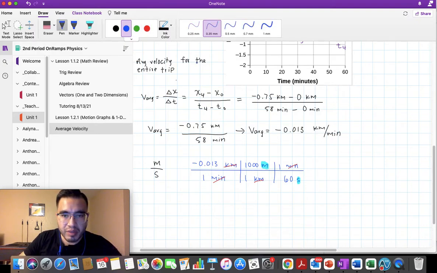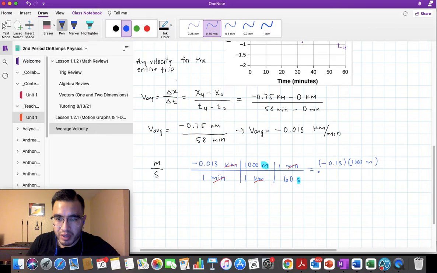And the math is pretty simple. That'll be negative 0.013 times 1,000 meters, divided by 60 seconds. I'm not going to include the times 1, you know it's going to be the same.